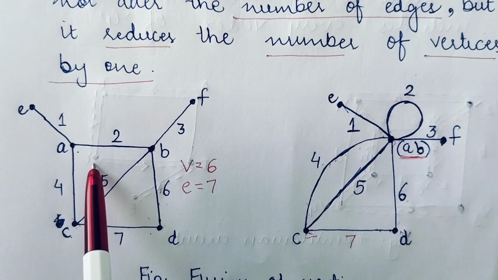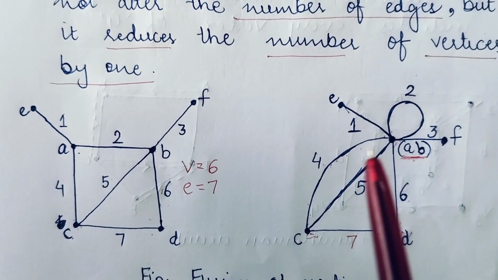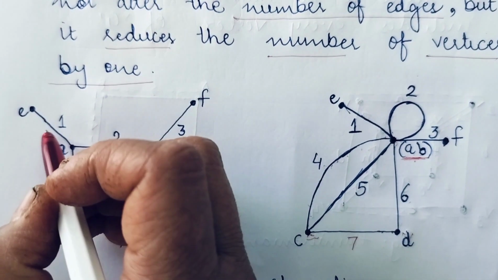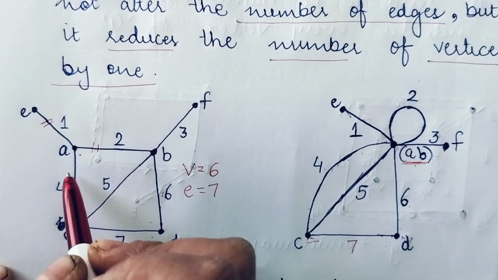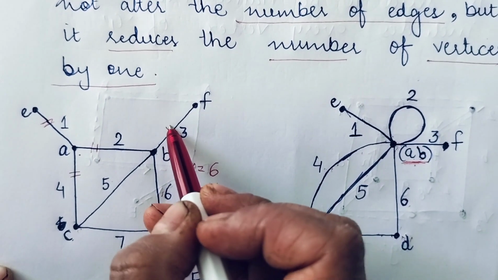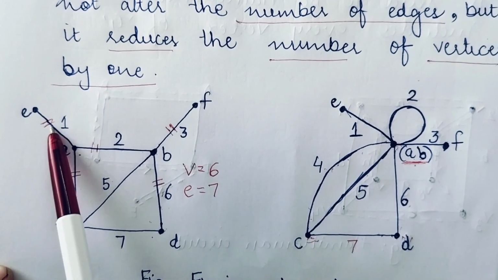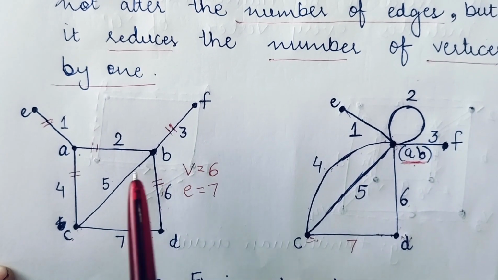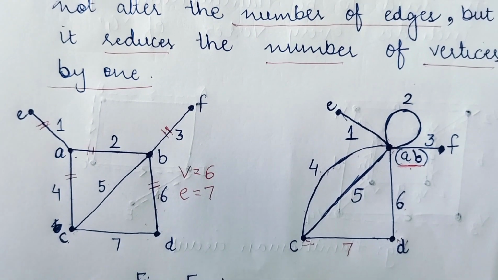While fusing vertex A and B into this single vertex AB, I have to take care that all the edges that are incident on A, which are edge 1, edge 2, edge 4, and all the edges that are incident on vertex B, that is edge 3, edge 2 and edge 6, so basically edge 1, edge 2, edge 3, edge 4 and edge 6 will now be incident on the new fused vertex AB, right?